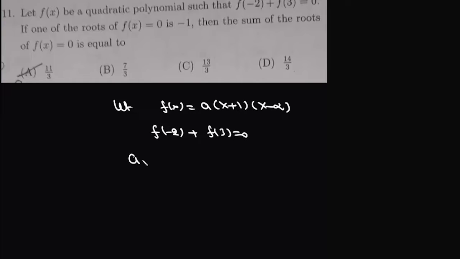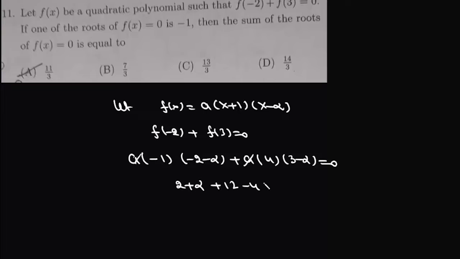Now f(minus 2) is a, and then minus 2 plus 1, so it will be minus 1, and then minus 2 minus alpha, and a, and when x is 3, it will be 3 plus 1, 4, and 3 minus alpha equals 0. So this is 2 plus alpha plus 12 minus 4 alpha equals 0, which is 3 alpha equals 14. So the value of alpha is 14 by 3.